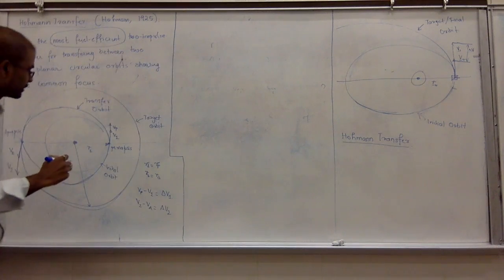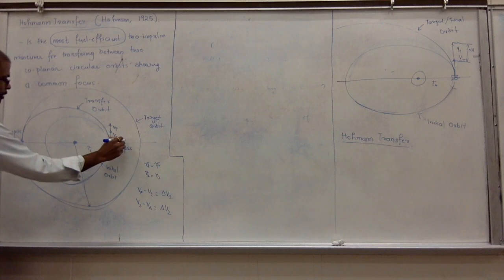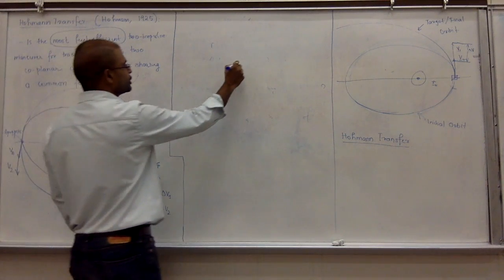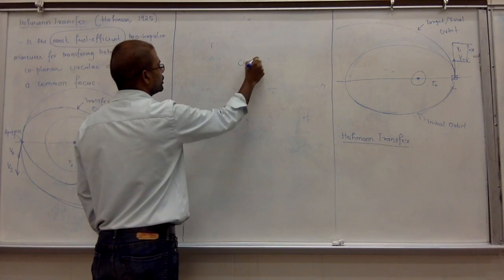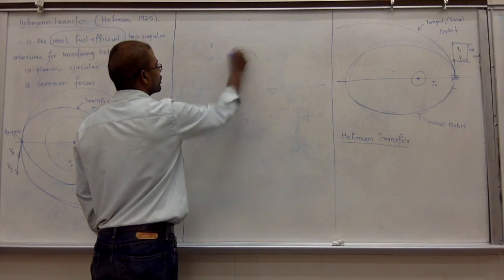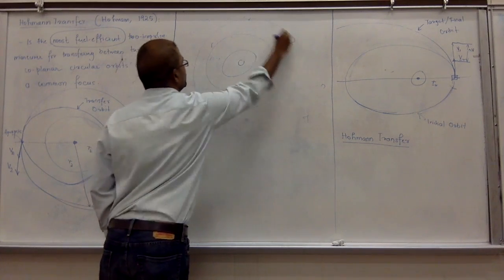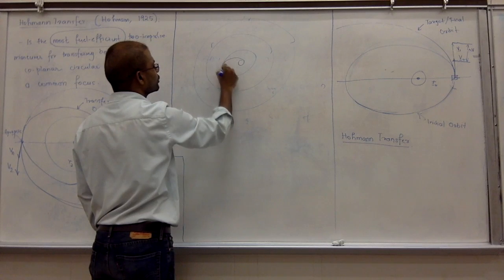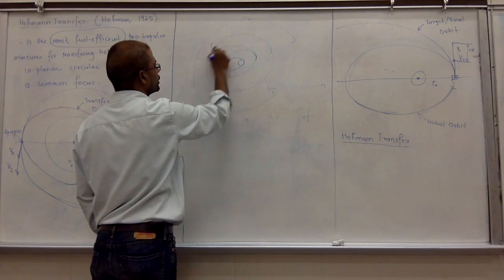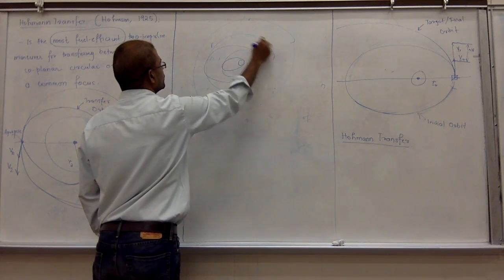You can do this. In between, let's say, if this is your initial orbit, you can go into this orbit, then into this orbit, then into this orbit, right? So this is your first Hohmann transfer, this is your second Hohmann transfer, this is your third Hohmann transfer.